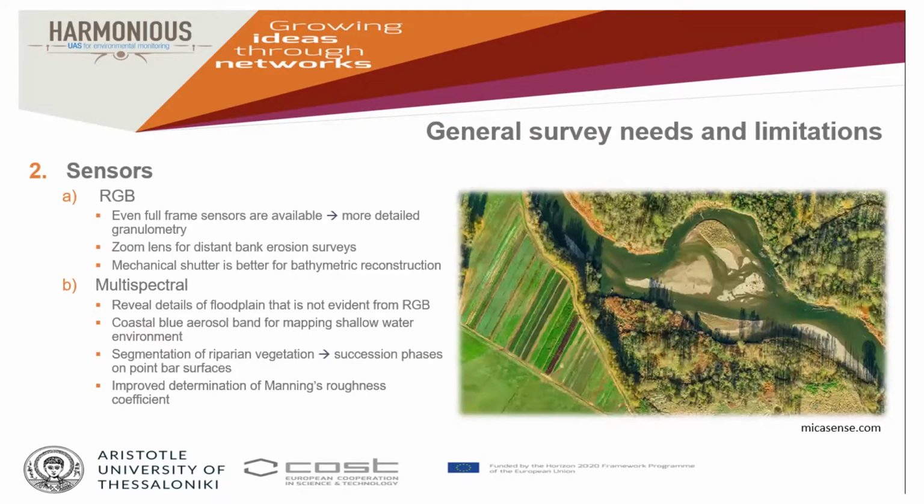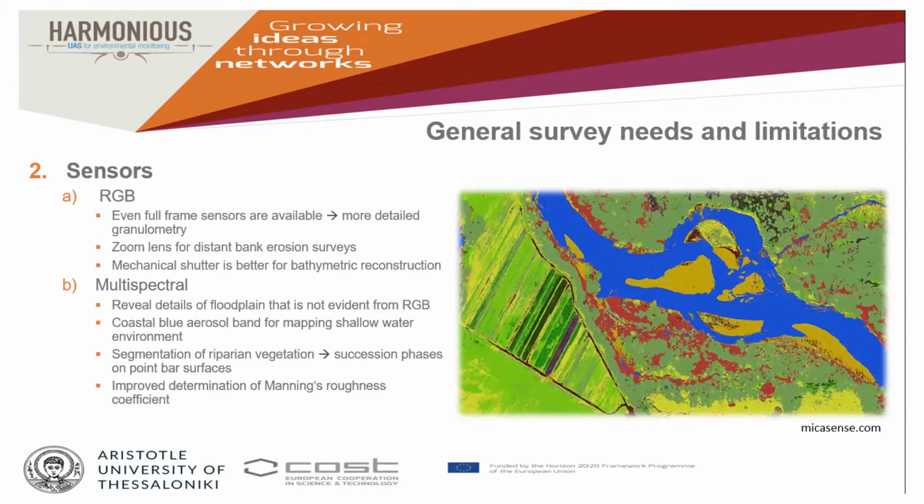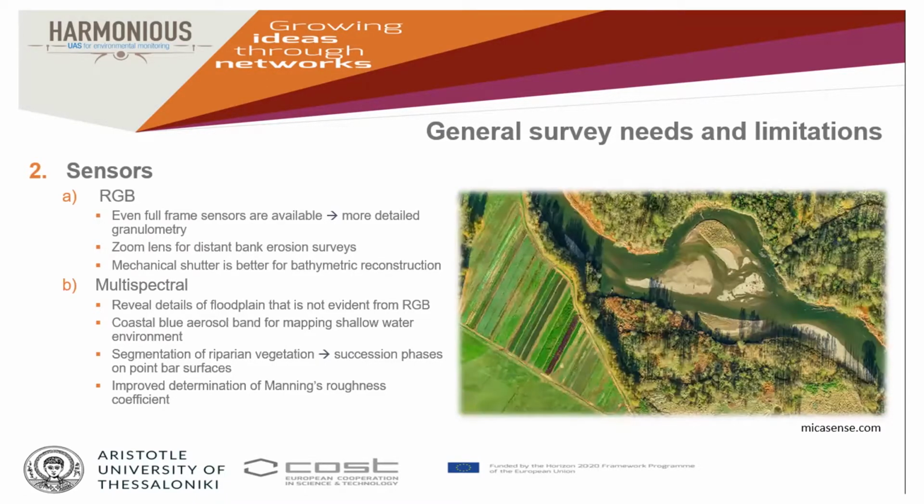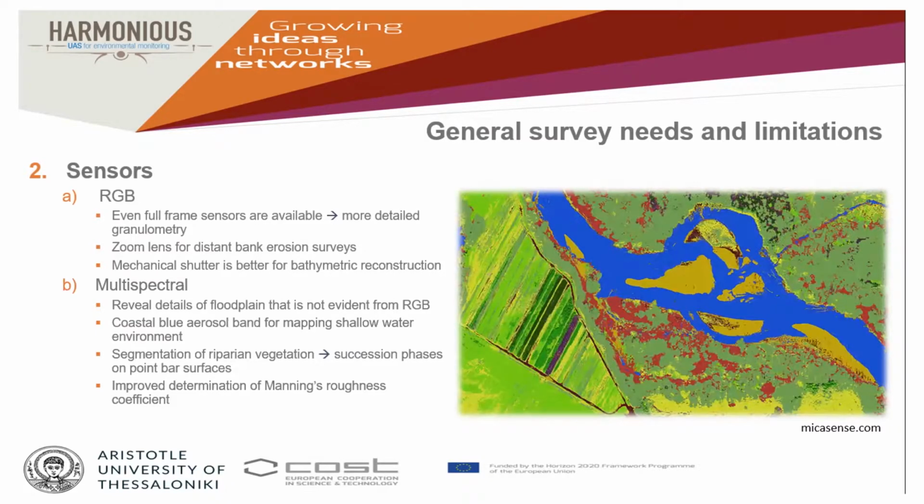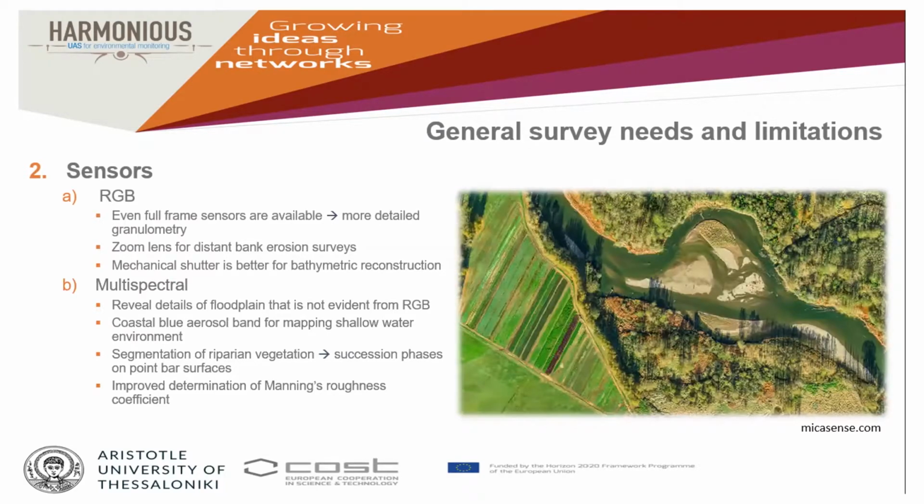Multispectral images are widely used in vegetation monitoring, and of course in riverine environments, they can be nice additional data to understand, for example, the bar dynamics on braided channel systems. Sometimes the RGB sensor cannot provide all the evident information, so it is a nice addition if we combine those for the classification of the environment. There are also recent advancements in multispectral sensors, like in the MicaSense.